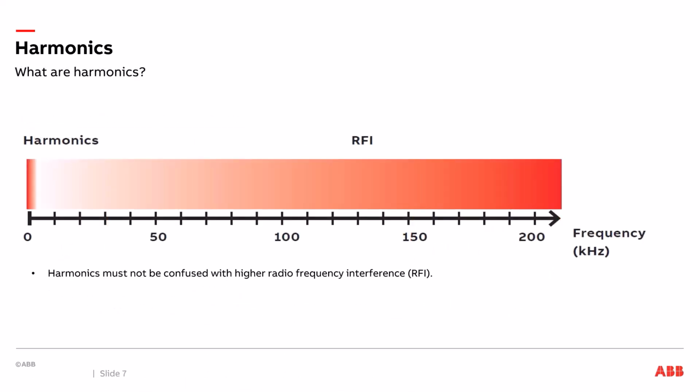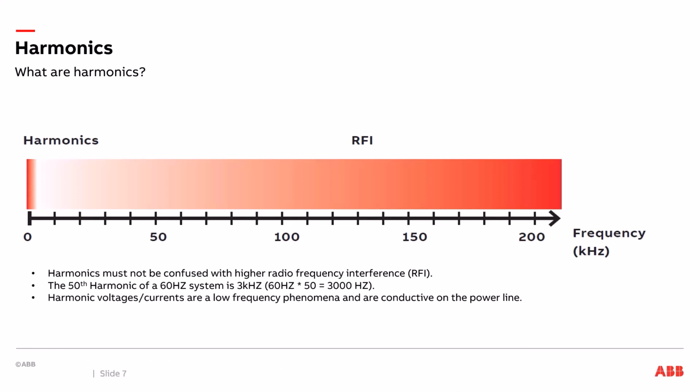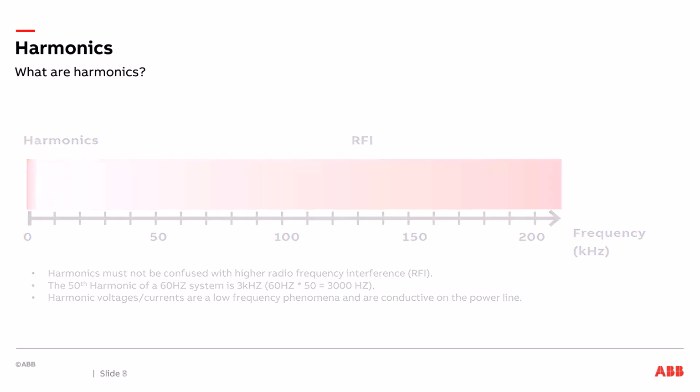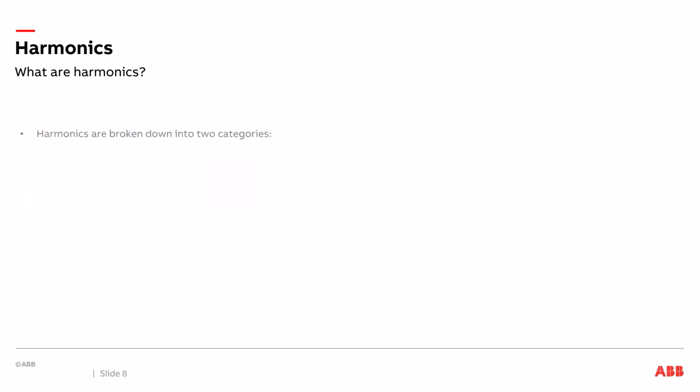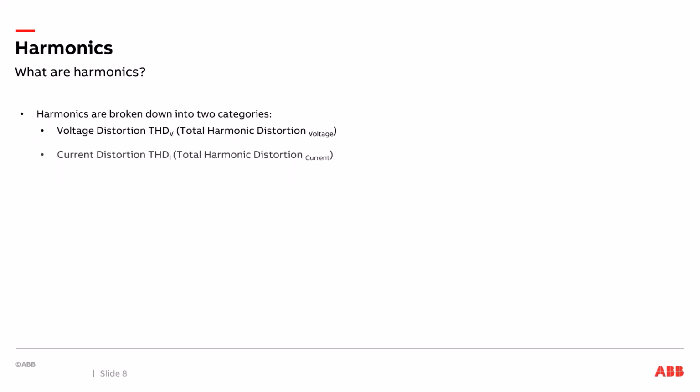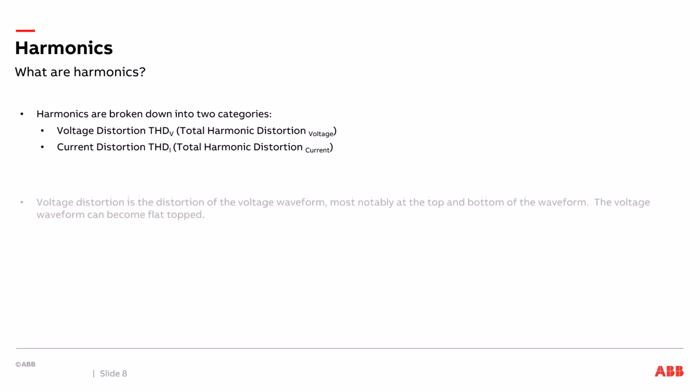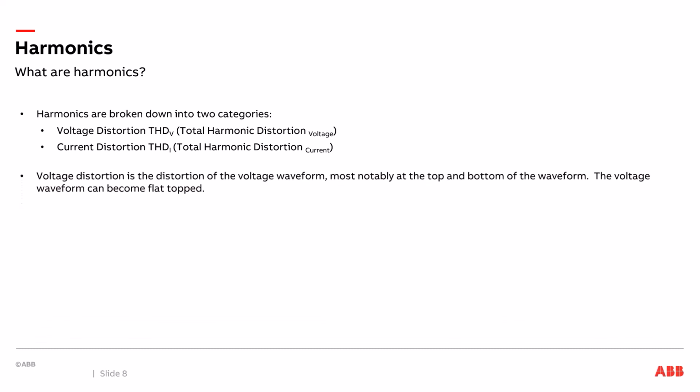Harmonics should not be confused with high-frequency radio interference. The 50th harmonic in a 60 Hz system is only 3 kHz. 60 Hz times 50 equals 3000 Hz. Harmonic voltages and currents are low-frequency phenomena and are conducted onto the power line. When we talk about harmonics, we need to break harmonics down into two different categories. One category is voltage distortion, which we call THD with a small v, and current distortion, THD with an I. Voltage distortion is a distortion of the voltage waveform.